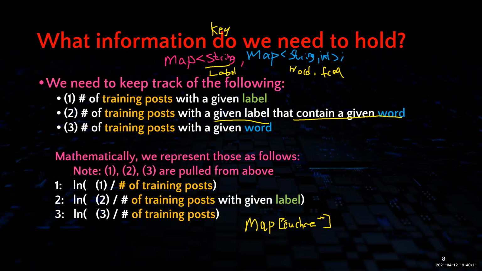Whenever I say map of euchre, I'm accessing this map of word-frequency pairs. To access the frequency of a word, all I have to do is add in this right here. I'll say card. And this gives me the frequency of how many times the word card appears in the label euchre.